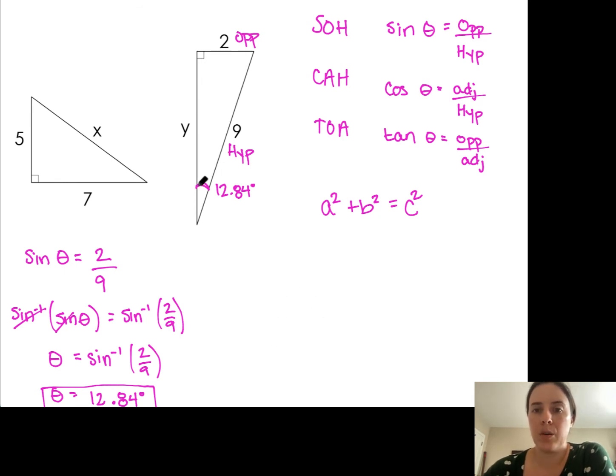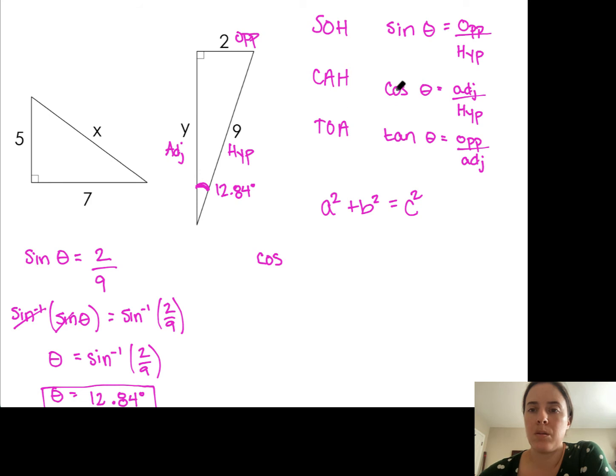So we know an angle, and we know the hypotenuse and the opposite, and we're looking for the adjacent leg. So since we're looking for the adjacent leg, we're going to want to use either cosine or tangent. So let's use cosine just because we haven't used it yet.